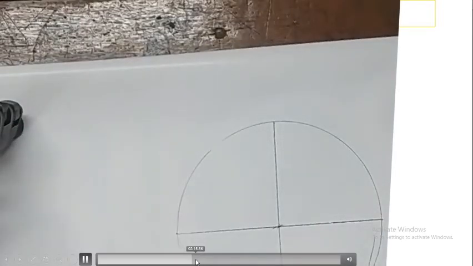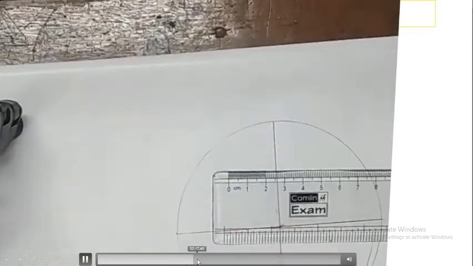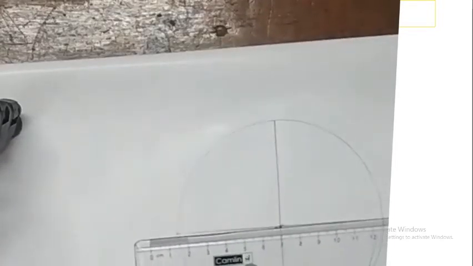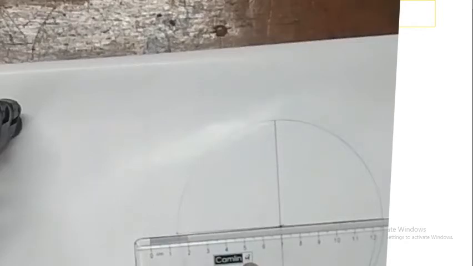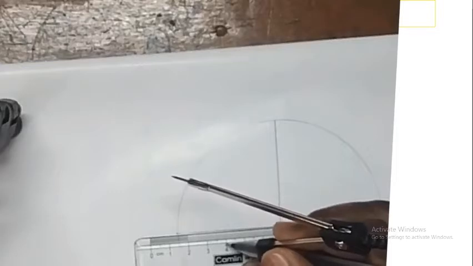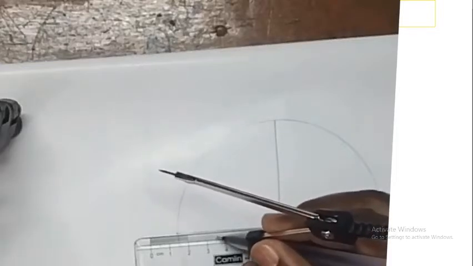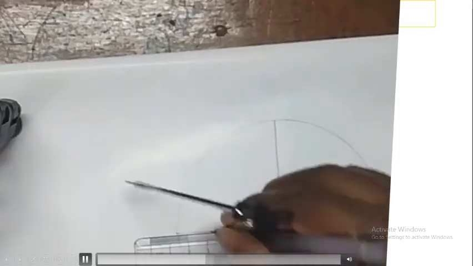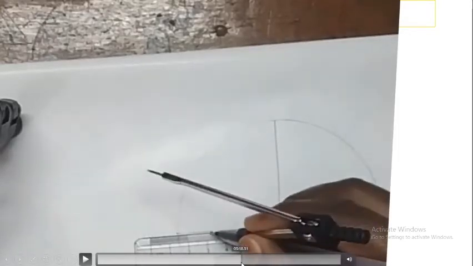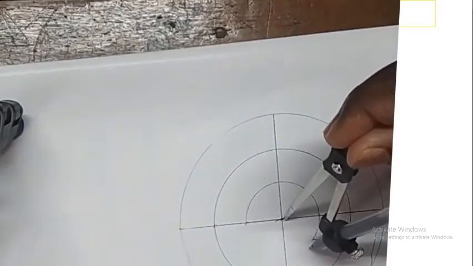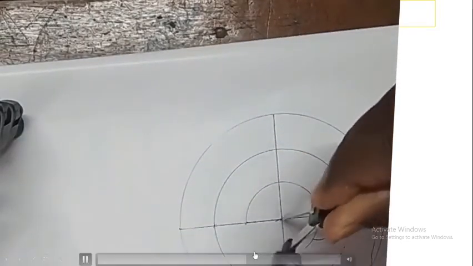Similarly, all other concentric circles are drawn by taking the respective length. For 60 degrees it is 3.70 and for 75 degrees it is 1.86. By this we can draw all the other parallels. So all the concentric circles are drawn.